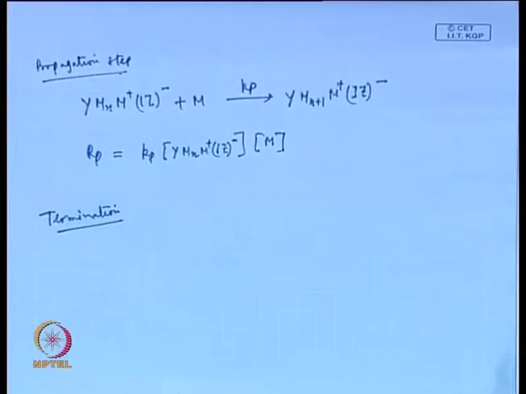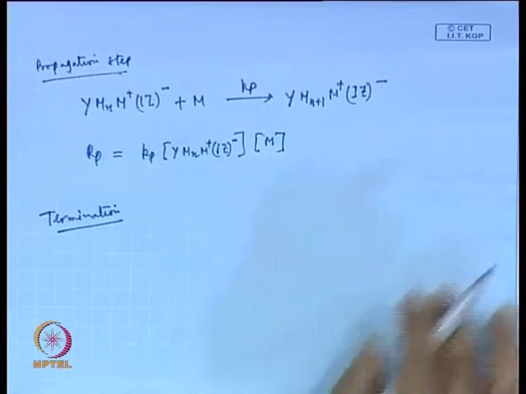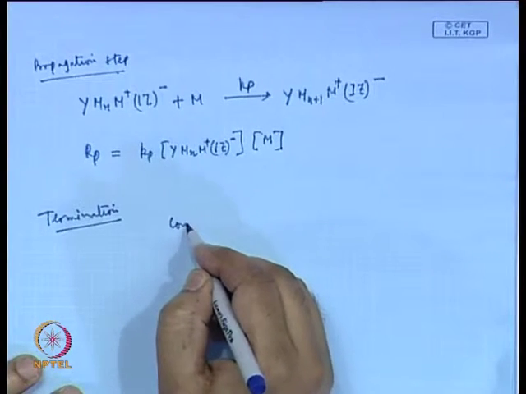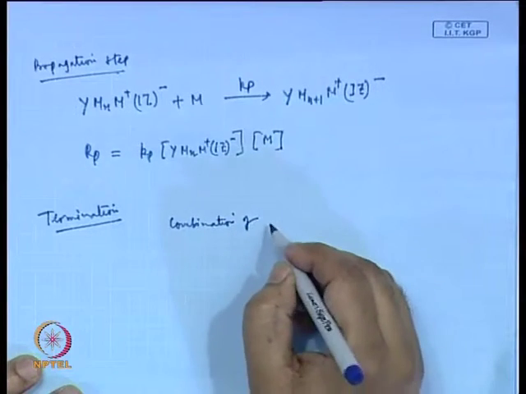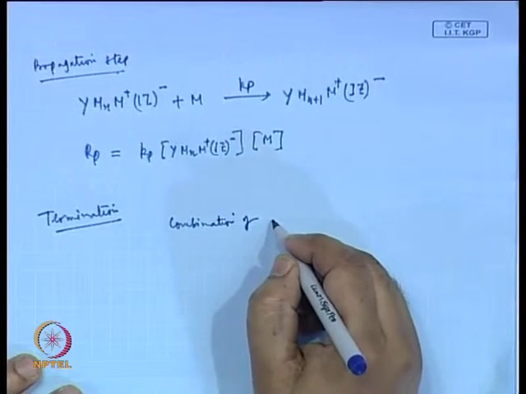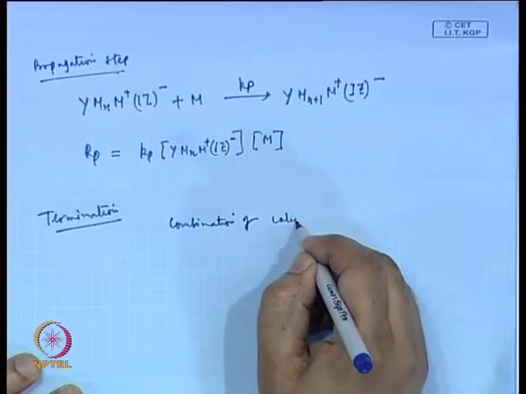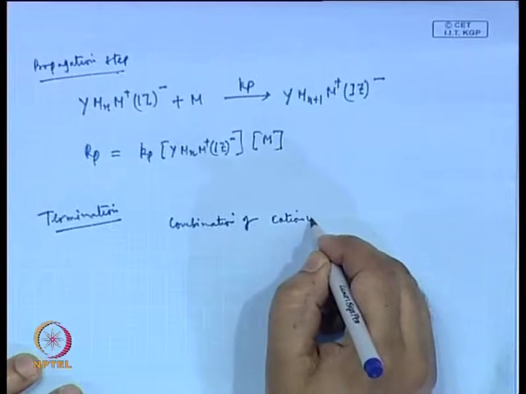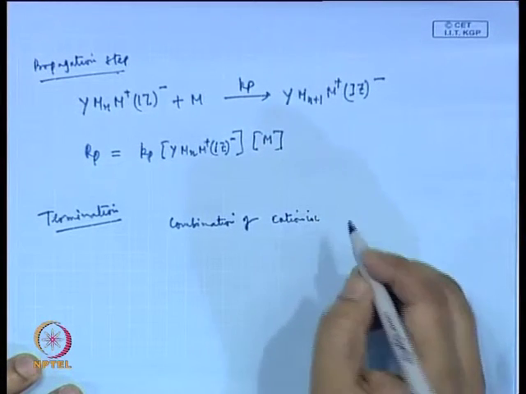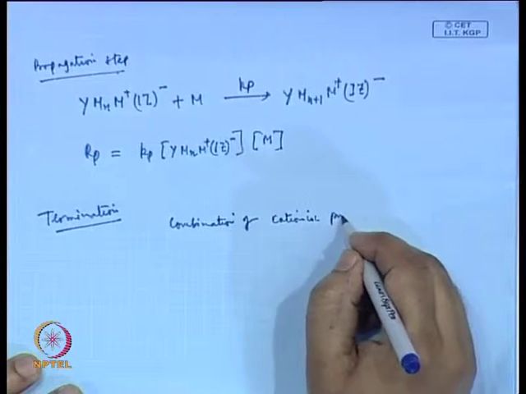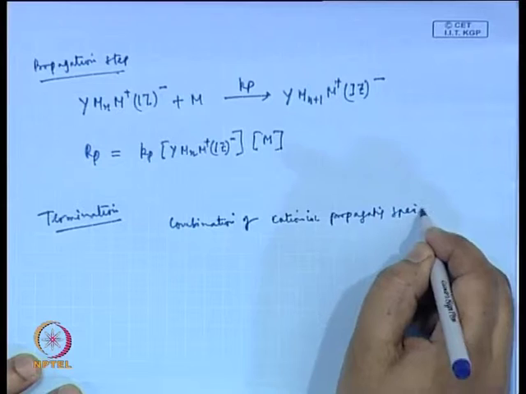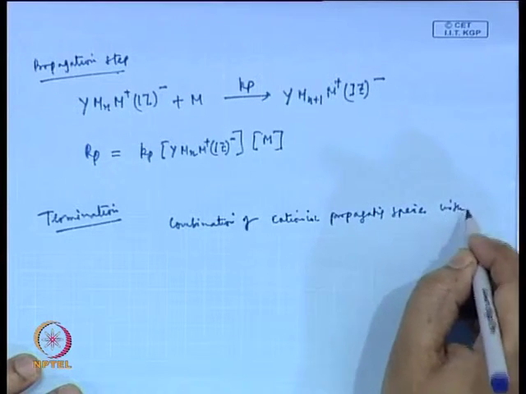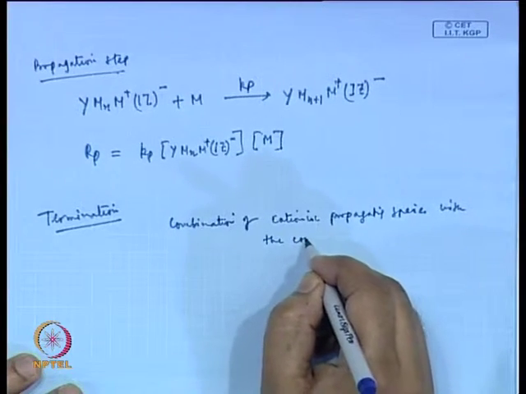Now, let us consider the true termination reaction, which is the combination of the cationic propagating species with the counter ion.